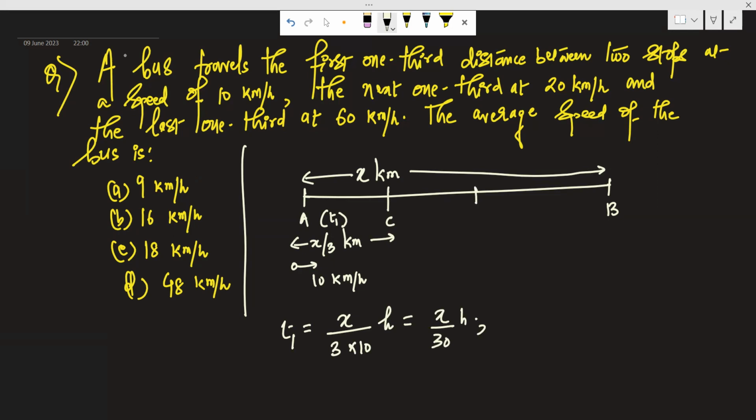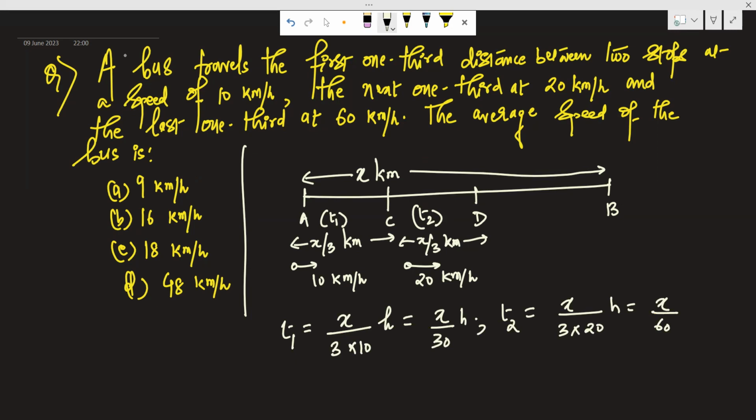Second, the next one third distance, say from C to D, again it has covered x by 3 kilometers and it was moving at 20 kilometer per hour. Let's assume the time taken was t2. So how much will t2 be? x by 3 is the distance and speed is 20, so x by 60 hour.